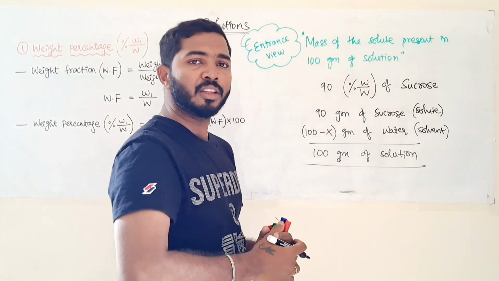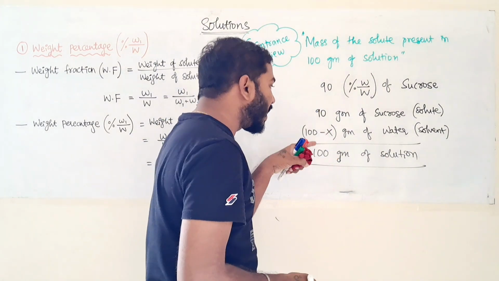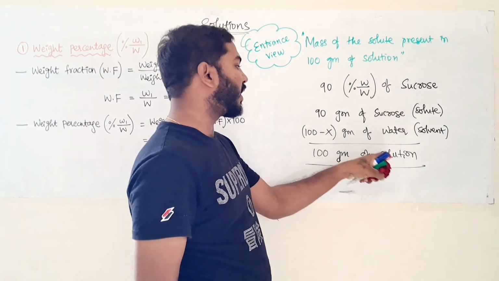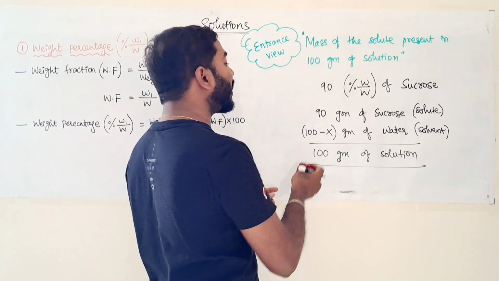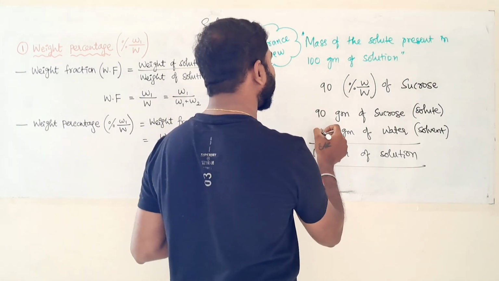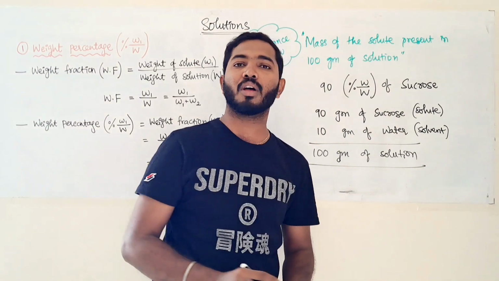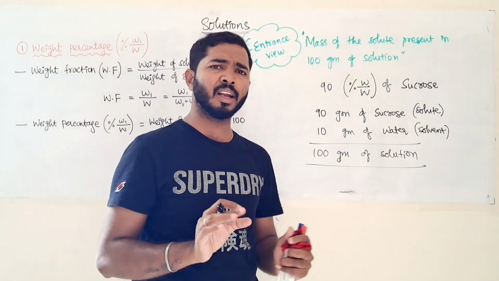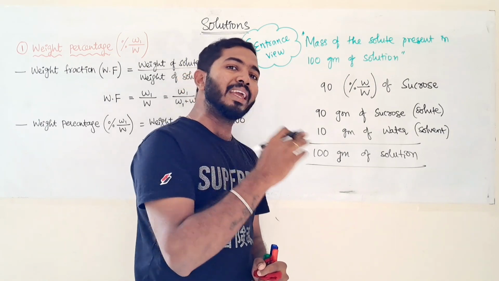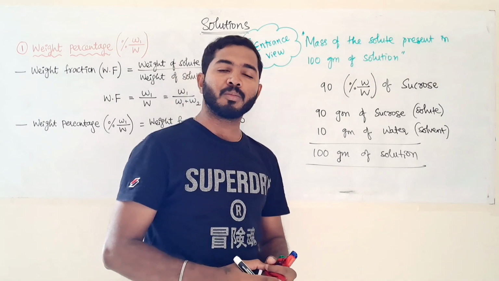There is no change in that. If 90 grams of sucrose is present in 100 grams of solution, how many grams of solvent are we going to have? Obviously 10 grams of water or solvent. Clear? This is how we make things easy for our problem solving.